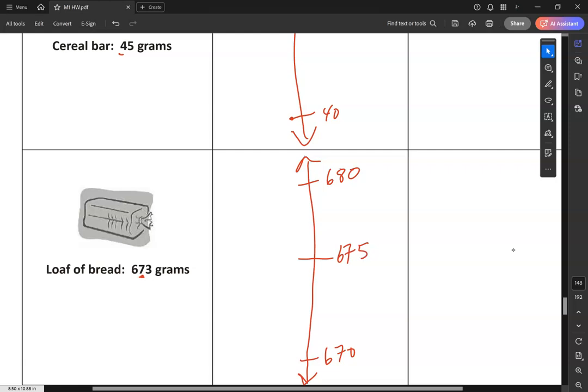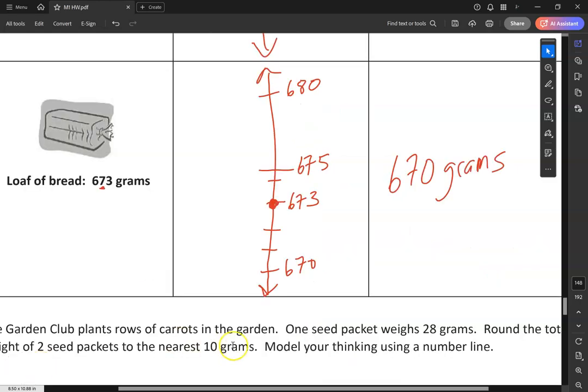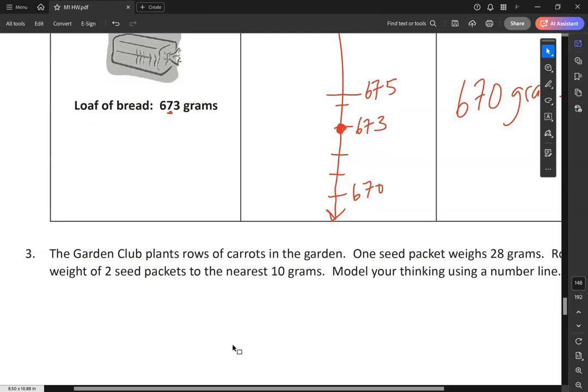So I have to plot 673, 671, 672, 673, 674, 675. Is 673 above half or below half? Below. So we round to 670. Okay, 670 grams. Next one.